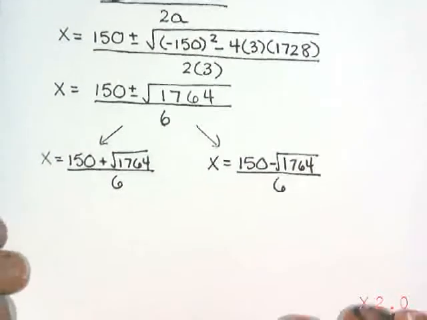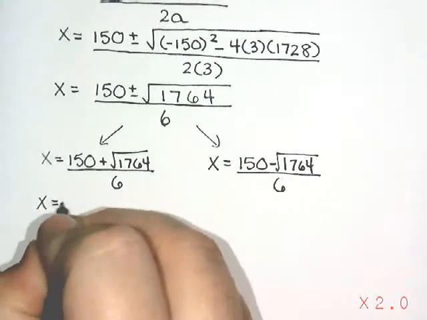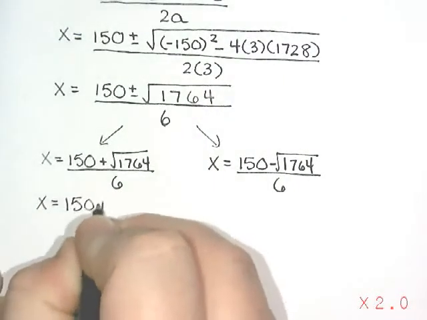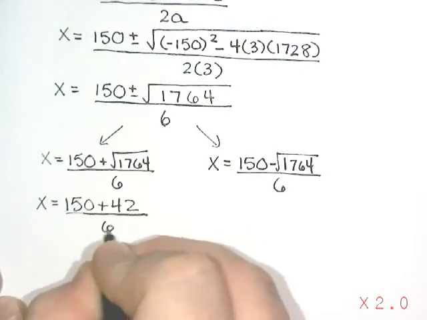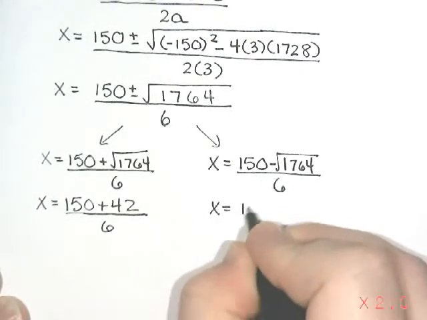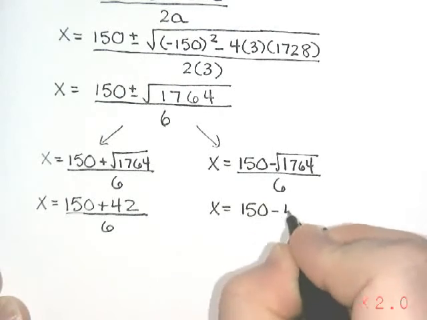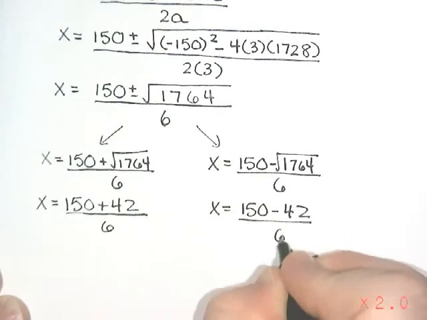So we're going to get 150 plus 42 divided by 6, and 150 minus 42 divided by 6.